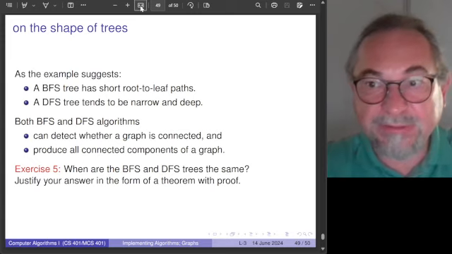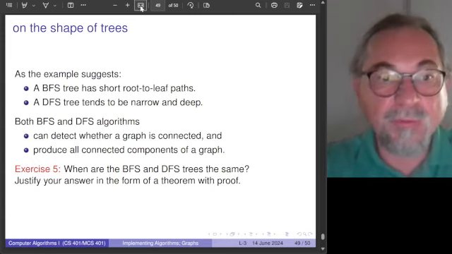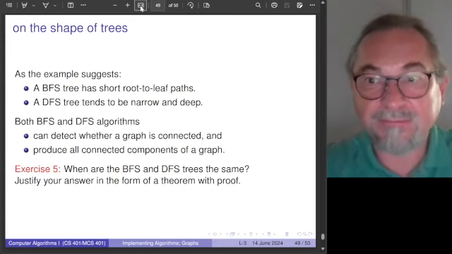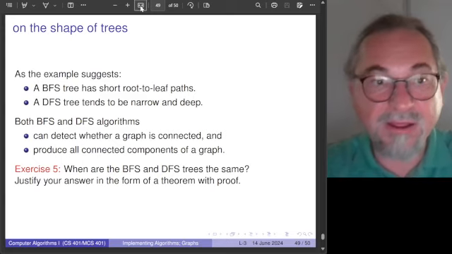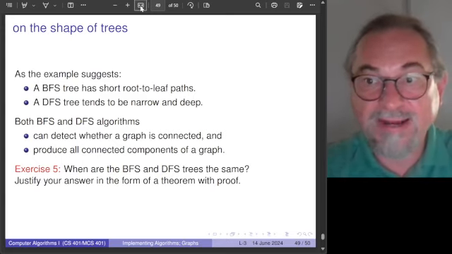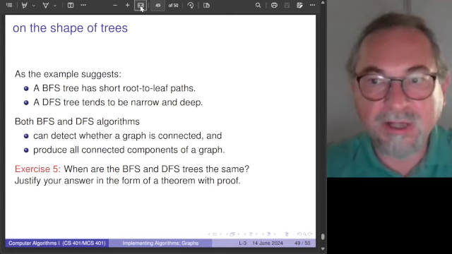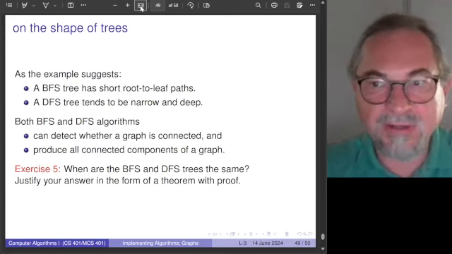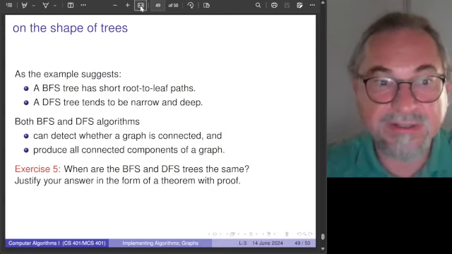I will end with a question and an exercise essentially. When are the trees the same? I can give you already the hint. If the graph is already a tree, then there's only one possible outcome. You can write that down, and that already gives you credit for the exercise.